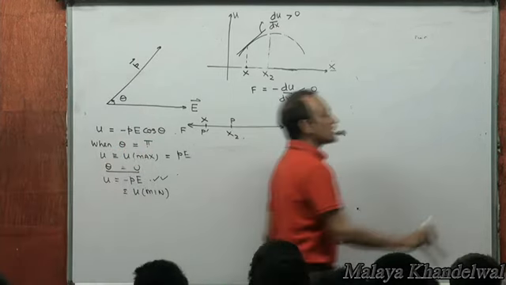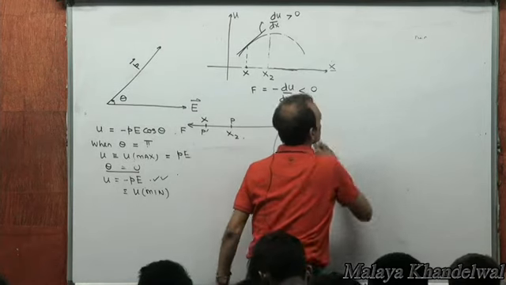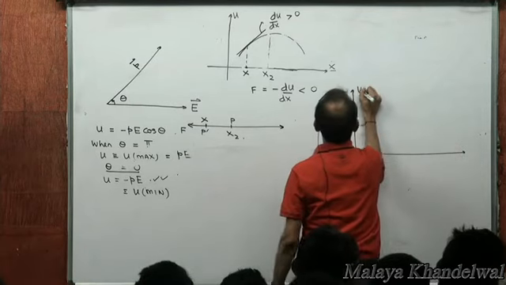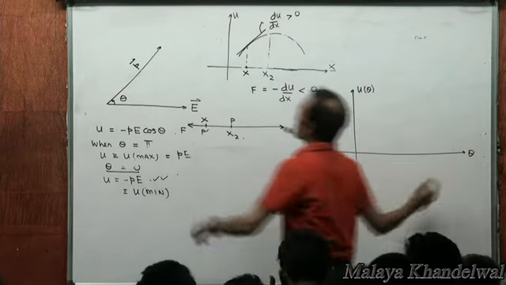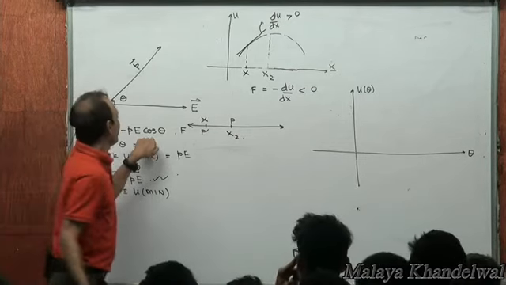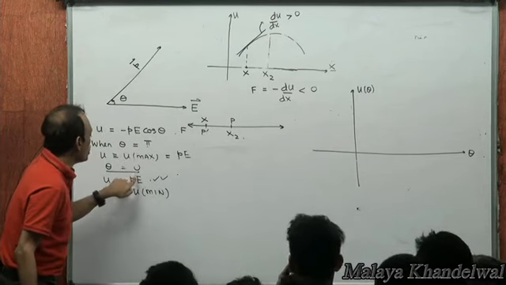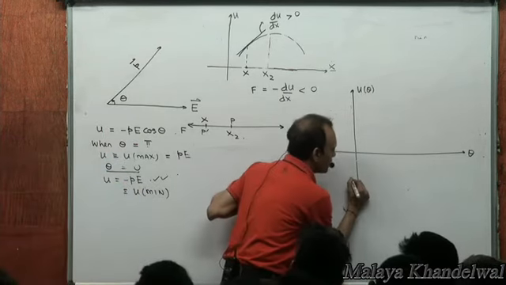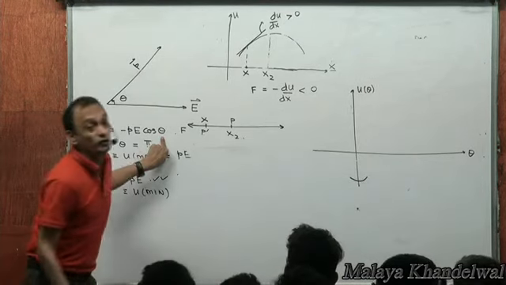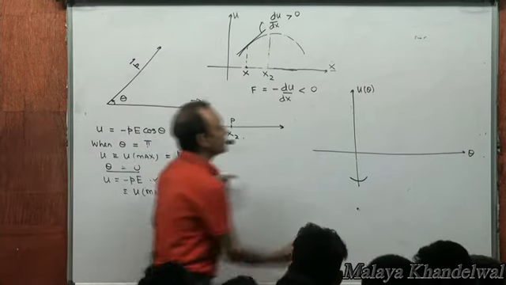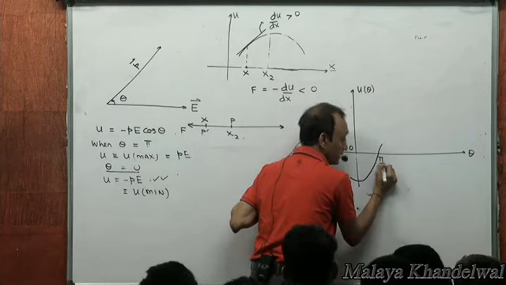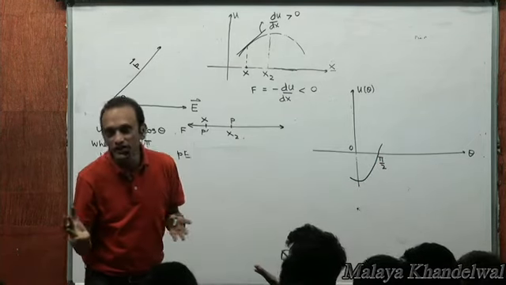U versus theta, the graph of U versus theta is as follows. U as a function of theta will be cosinusoidal, like a sinusoid. At theta equal to 0, it's minus PE, minimum, right? At theta equal to pi by 2, it will become 0 because that's how we had defined it. It was our choice, not that it became 0.